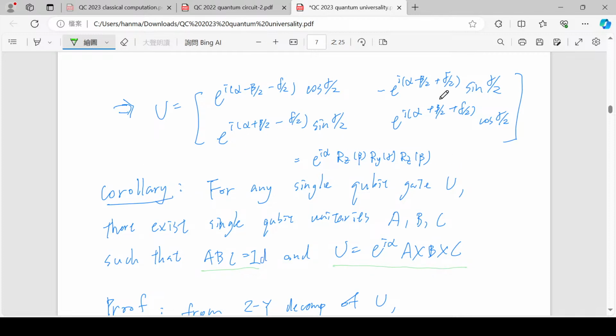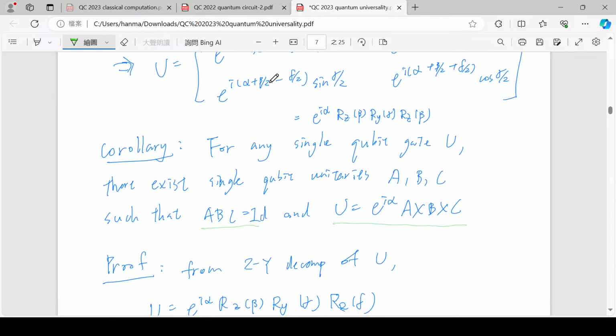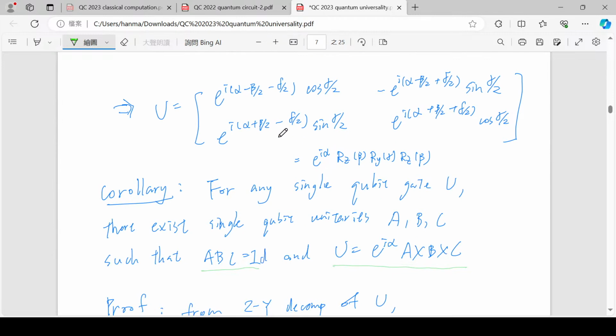I guess you can get a bit of a feel of what is true. On the alpha term, you can see everything is e to the i alpha. So at least the e to the i alpha part is correct, and for the other part you just need to do the multiplication out to check that my claim is correct.